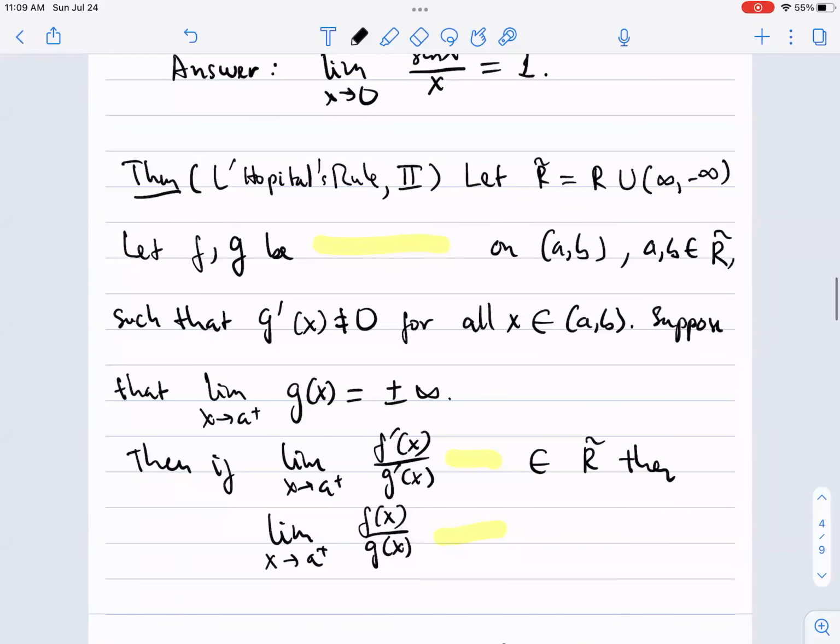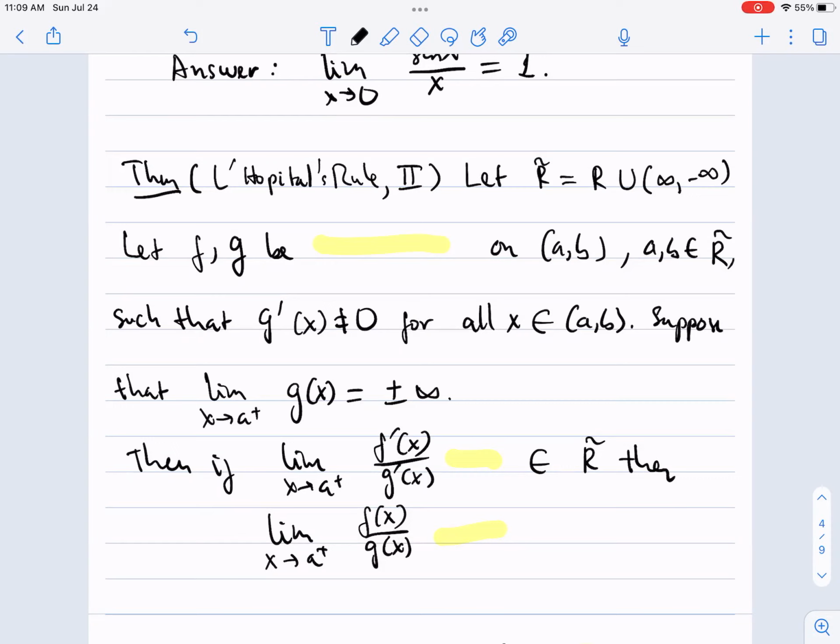Now, the second version of the rule is the following. Let's consider the extended set including the set of all real numbers and the special symbols plus and minus infinity.